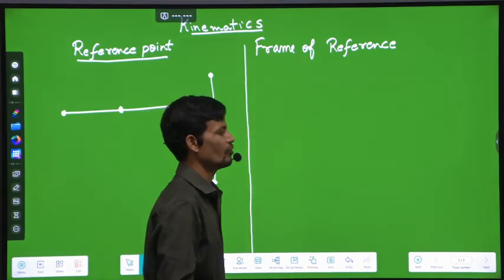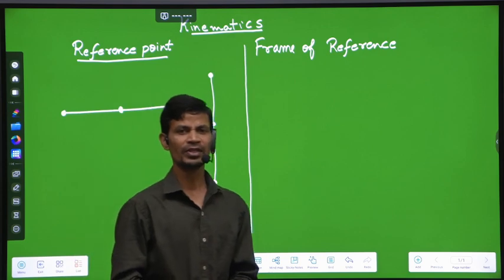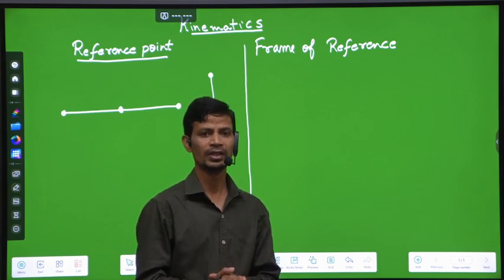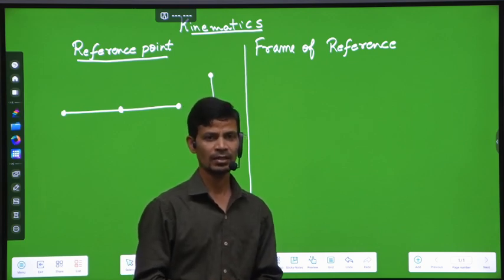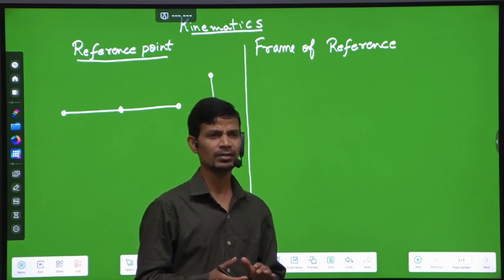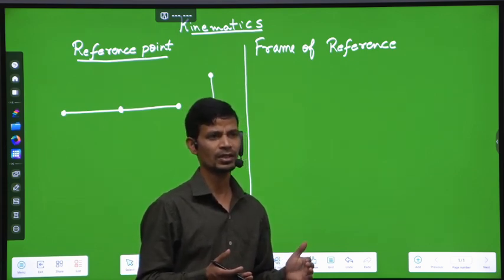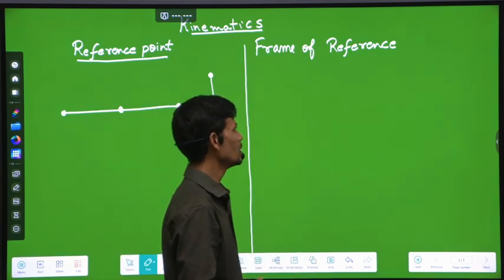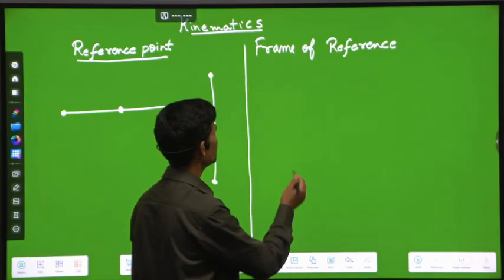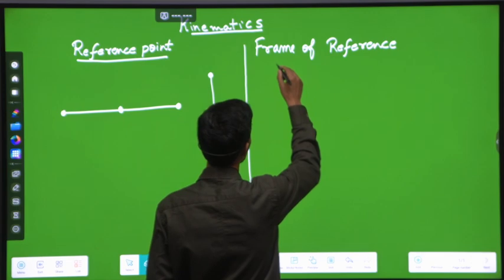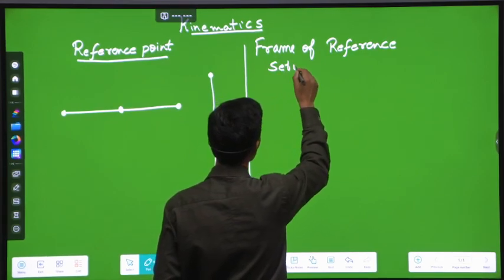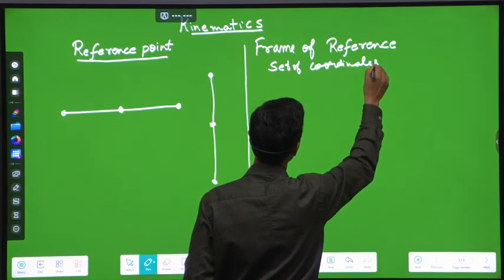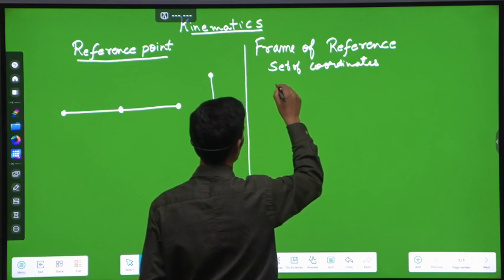Then there is frame of reference. If we talk about relativity and relativistic mechanics, then it is a little bit complicated, but what we are going to study here is Newtonian mechanics, so that will be a little bit simpler. So frame of reference is the set of coordinates and a reference point.